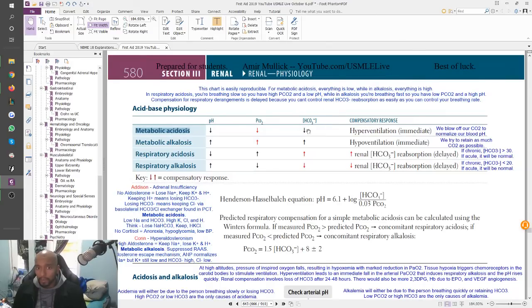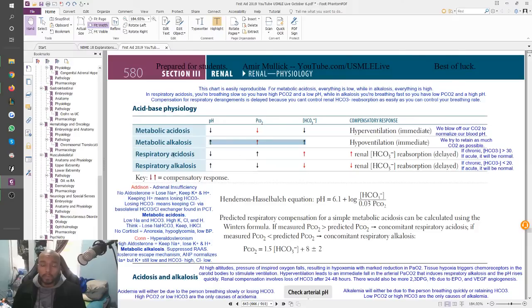So we start breathing very, very quickly to try to get rid of acid because we lost bicarbonate, right? In metabolic acidosis, you have low bicarbonate, so you're becoming very acidotic, so you need to get rid of acid by breathing out a lot of CO2, right? So that's it. And then you can see in metabolic alkalosis, everything is high. All the arrows are pointing up, okay? And you start breathing very slowly so you can retain CO2, which is acidic, right?